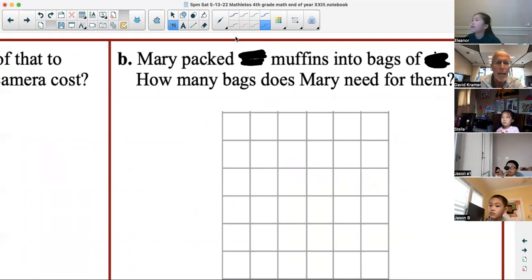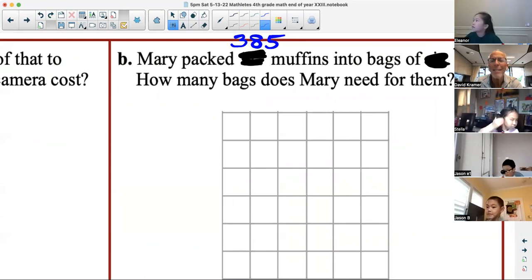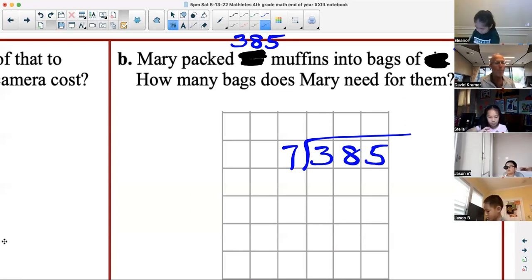So she created 385 muffins. And each bag carried 7 muffins. So now you guys are going to have to divide 385 by 7. Go, go, go. Pick up that pencil. Get started.